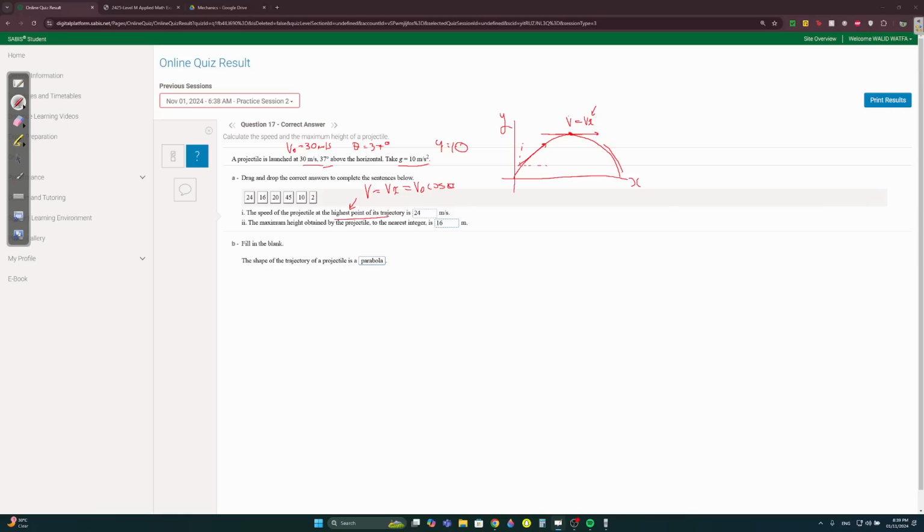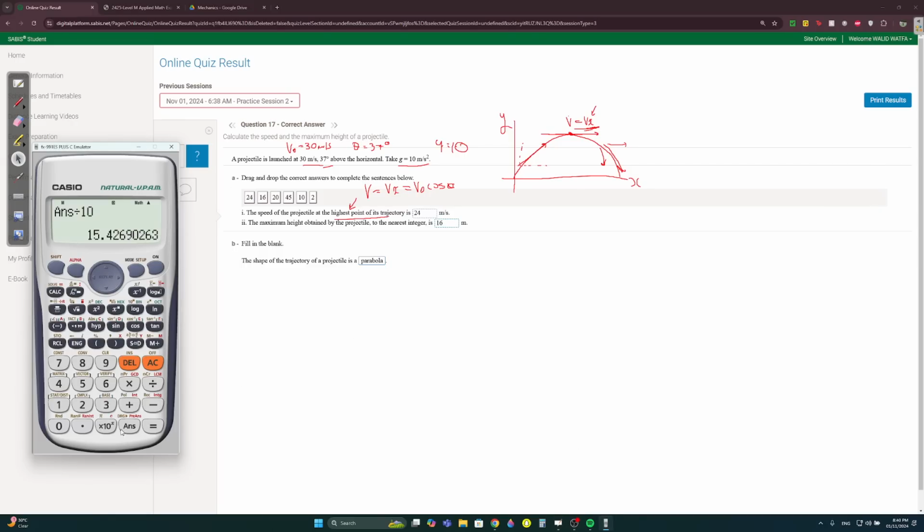Going here, it would be going to the right and down. So at the highest point, it's horizontal, it's the tangent. That means the velocity is only Vx. How do you find Vx? V node cosine theta. So 30 cosine 37. 23.9. So to the nearest integer, it's 24.